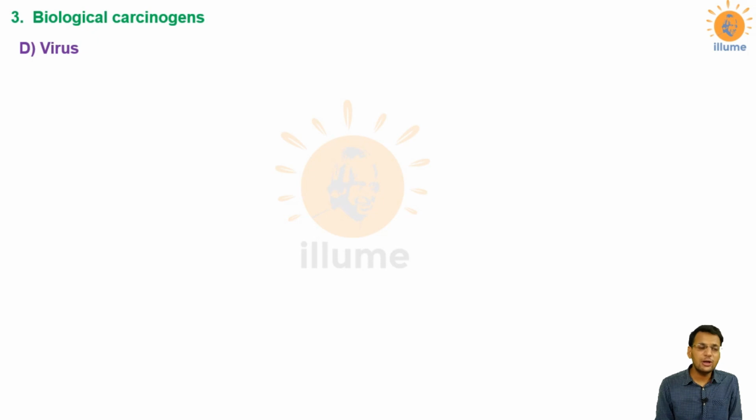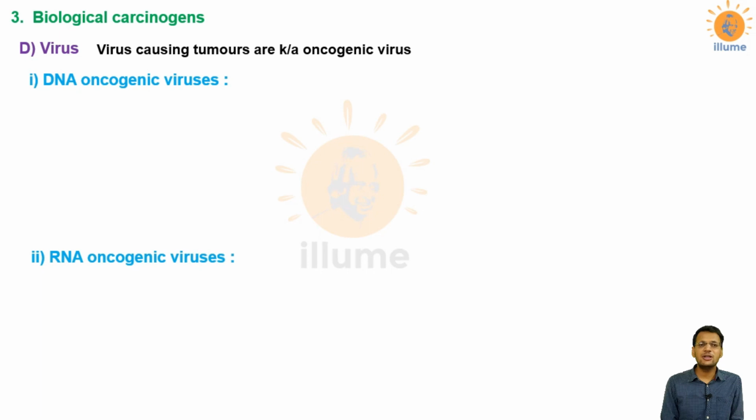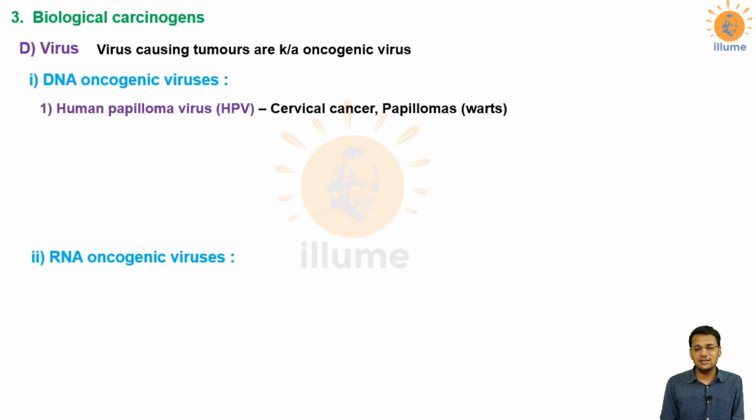Now the most important group of biological carcinogens is viruses, and the viruses which cause tumors are called oncogenic viruses. I would divide them into two categories: DNA oncogenic viruses and RNA oncogenic viruses. In DNA oncogenic viruses, the first one is human papilloma virus, HPV, which is associated with cervical cancer and papillomas or warts.